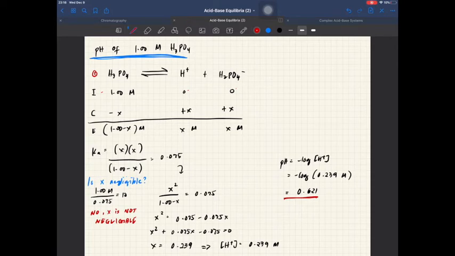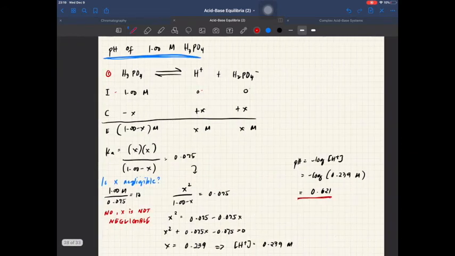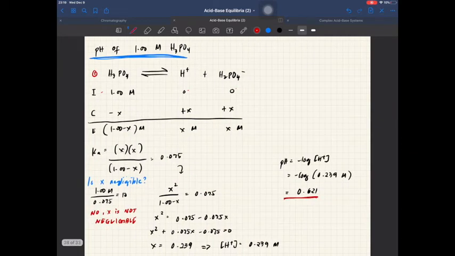Now we have this Ka expression, which is x times x over 1 minus x, equal to 0.075. 0.075 is the value for Ka1, the equilibrium constant. So 7.5 times 10 to the negative 2 is just 0.075. Now we have to decide whether or not x is negligible.